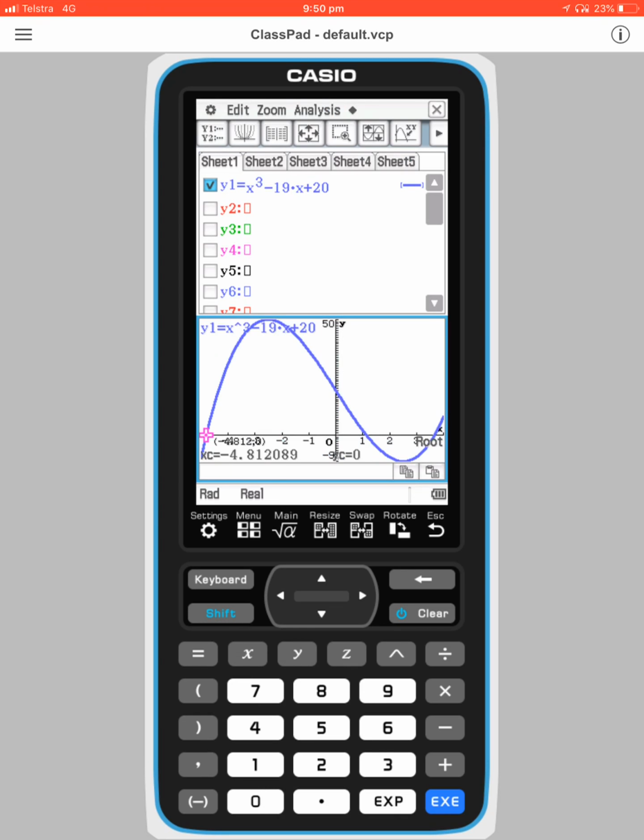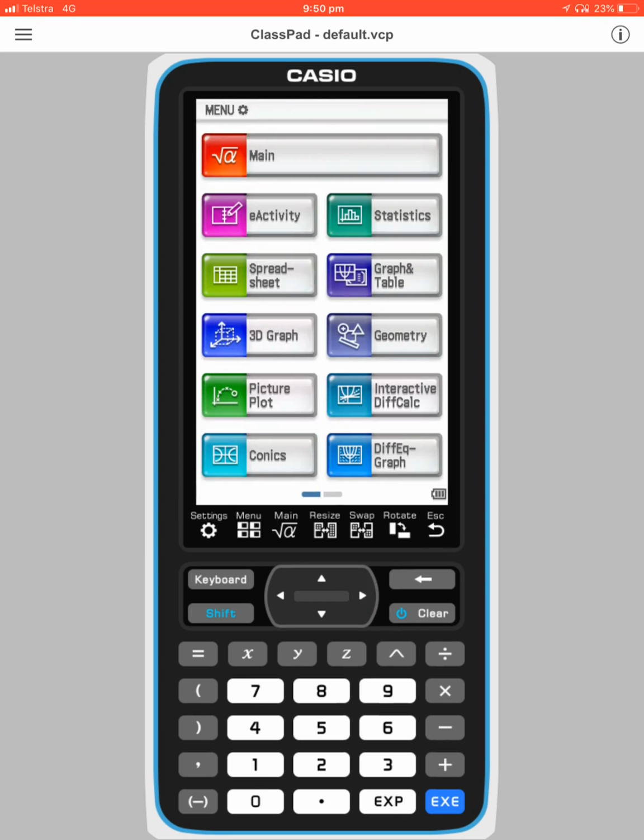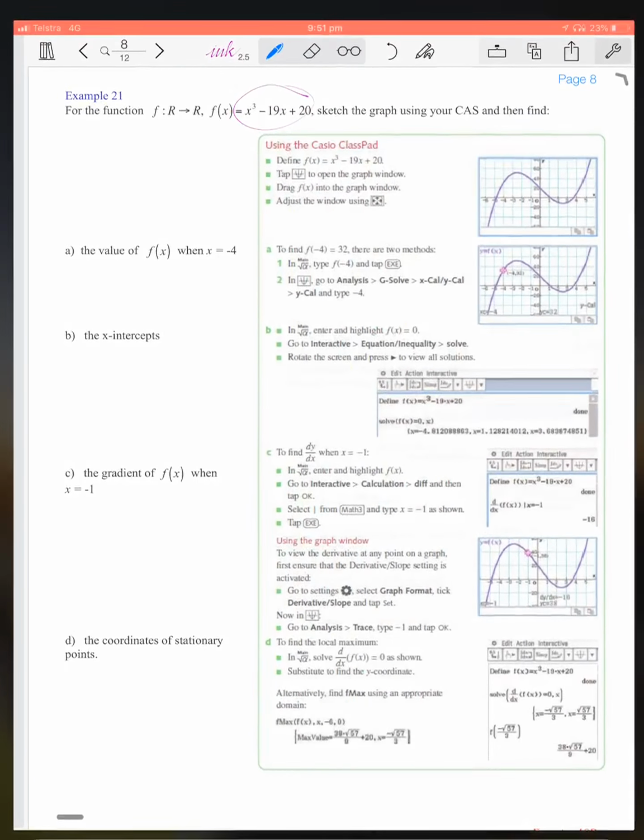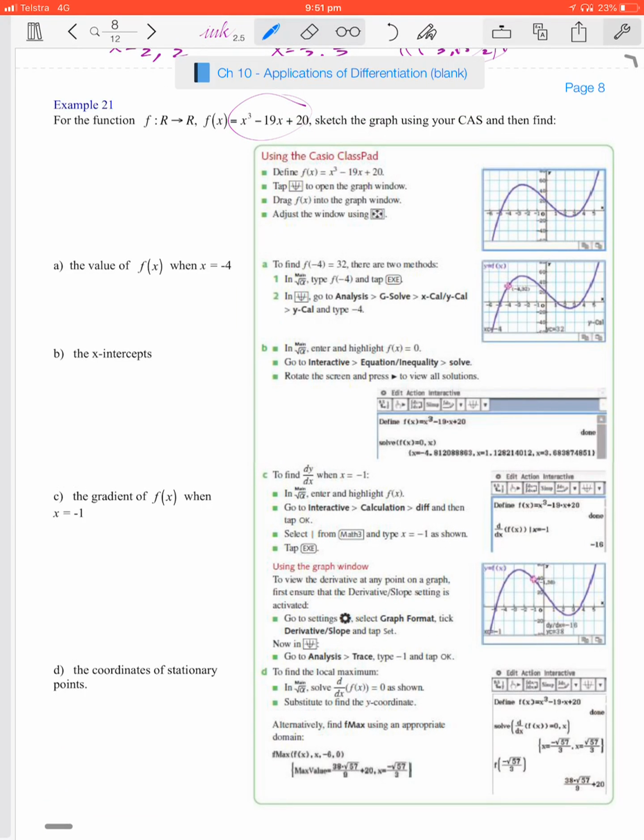Analysis G solve root will tell you what your x-intercepts are. 1, 2, 3. So I just did that.